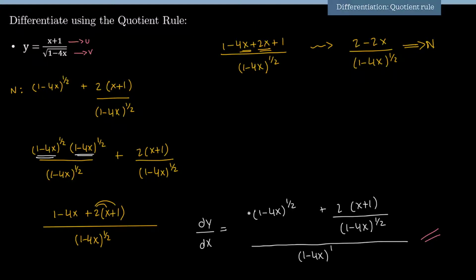This was the numerator which we simplified into this form. Now I'm going to put back this numerator in this dy upon dx and I'll get dy upon dx is equal to 2 minus 2x divided by 1 minus 4x whole power 1 upon 2, divided by 1 minus 4x.